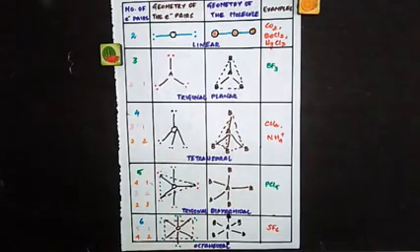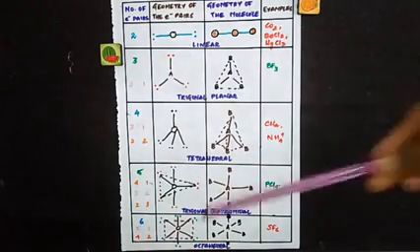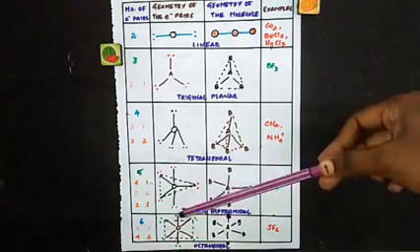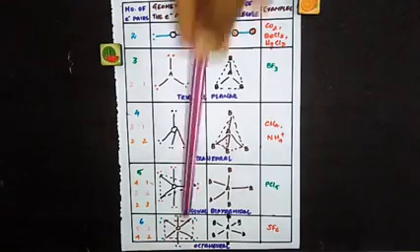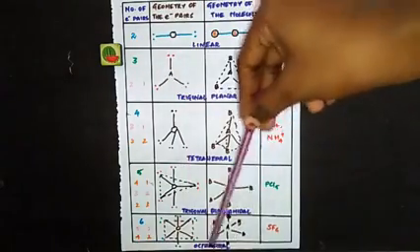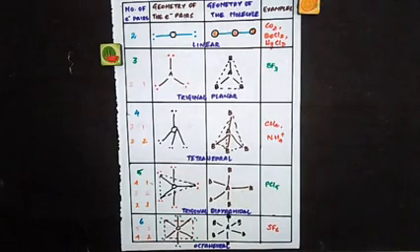When there are 6 bond pairs, this will be the geometry of the electron pairs. So the shape will be octahedral. The geometry of the electron pairs will be like this and the geometry of the molecule will be like this, and the example is SF6. So remember, when there are 2 bond pairs, the shape of the molecule is linear, 3 bond pairs trigonal planar, 4 bond pairs tetrahedral, 5 bond pairs trigonal bipyramidal and 6 bond pairs octahedral.